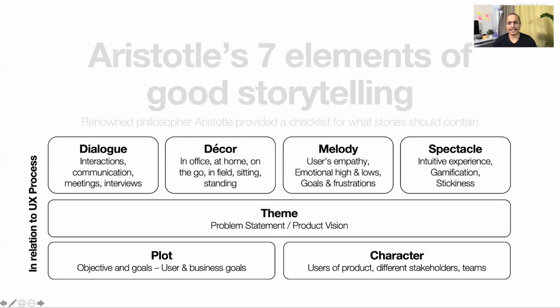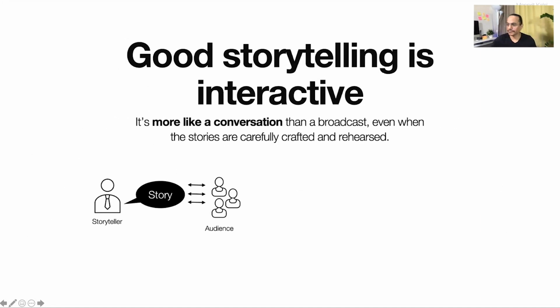And spectacle is basically adding an additional touch like gamification, engagement, personalization to improve the overall experience. So remembering this, understanding this, and using this when designing the solution will help you create the best, engaging product.